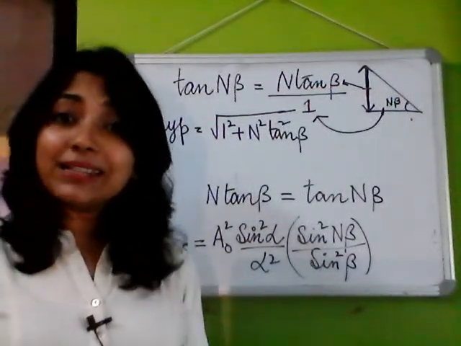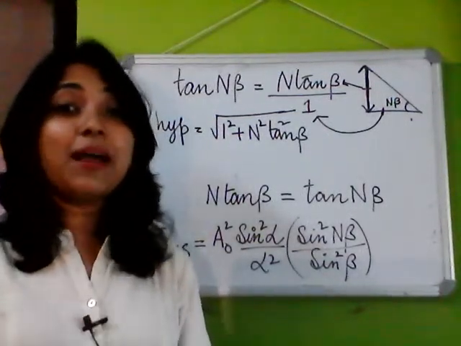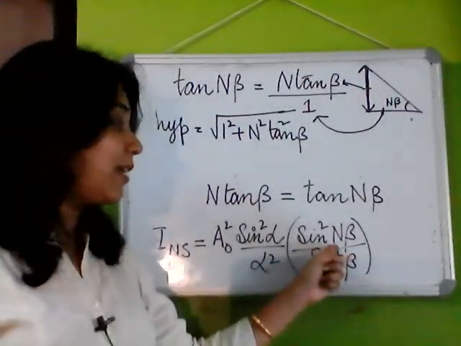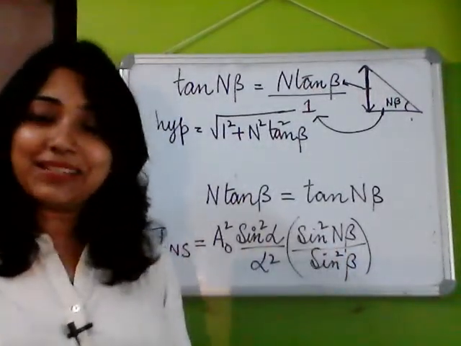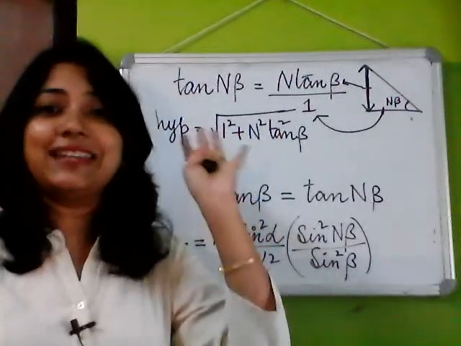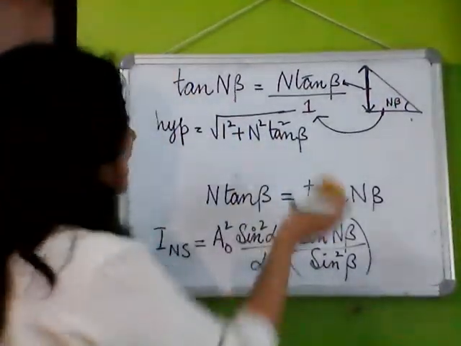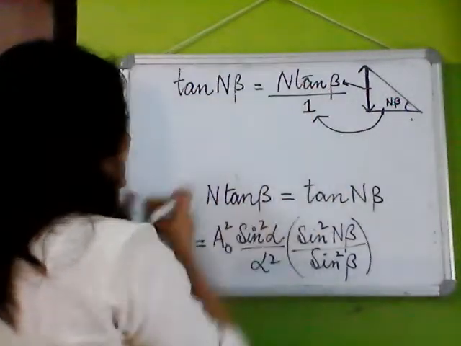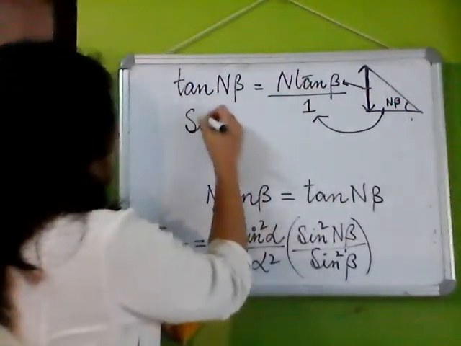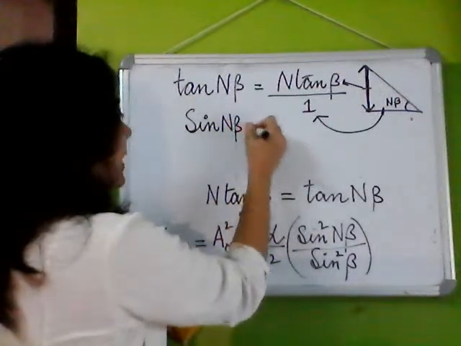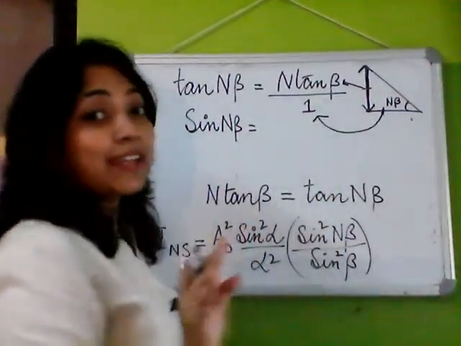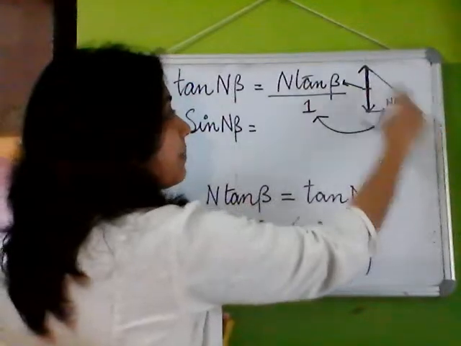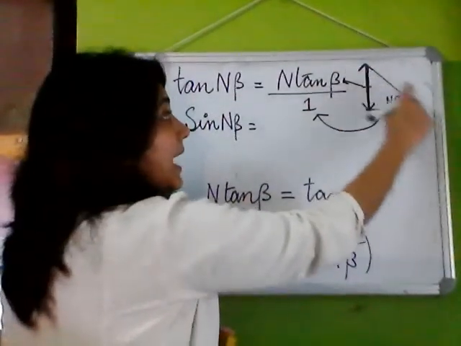But why do I need the hypotenuse? Because remember, my goal is to actually find out this sine square n beta. I want to actually find out what is sine n beta. So, what will be the value of sine n beta? If tan n beta is this, what is sine n beta? Opposite by hypotenuse.